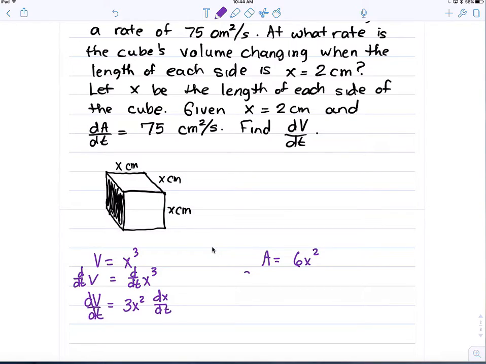Alright, so what will we get on our left? dA/dt is just 1 dA/dt. And on the right side, what do we get? 12x dx/dt.